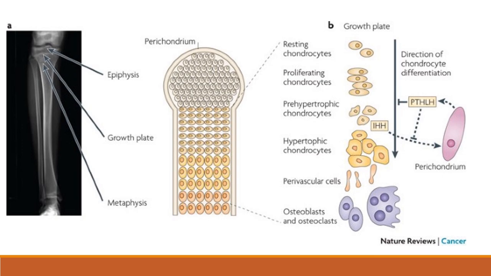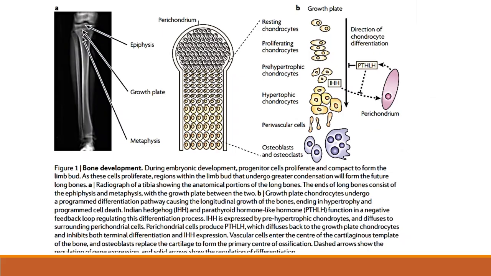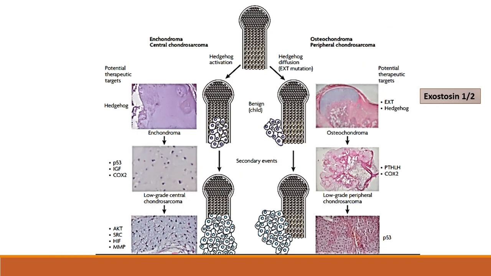So if there is a defect in this pathway, suppose there is a hedgehog activation, but this hedgehog activation remains as there is a problem in the receptor, in the PTHLH receptor.